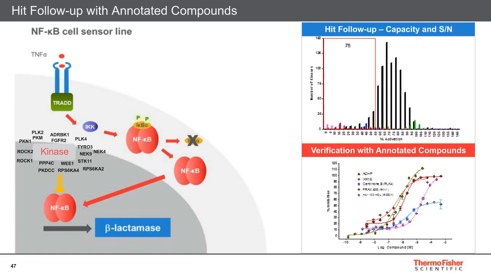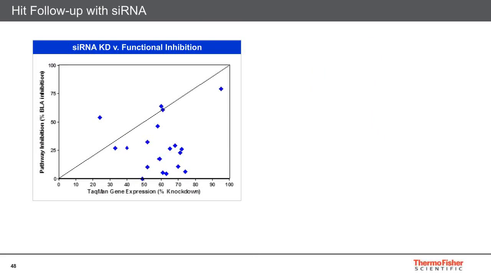Wherever we could find a small molecule available for a particular target, we validated that, and that data is shown in this plot on the lower right-hand side, wherein we confirmed PKN1, PLK4, and some other targets. We did confirm that it was indeed a target for this particular pathway.